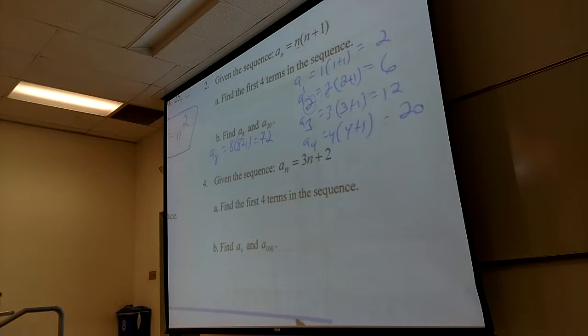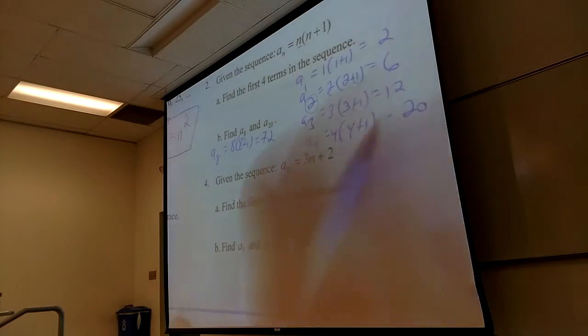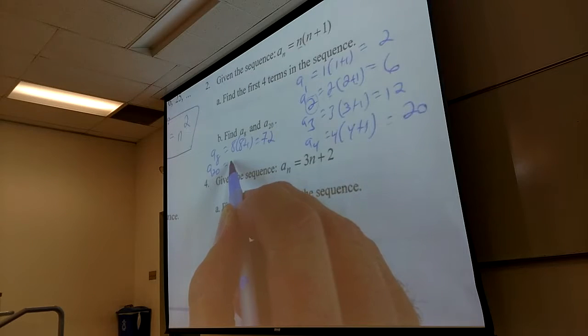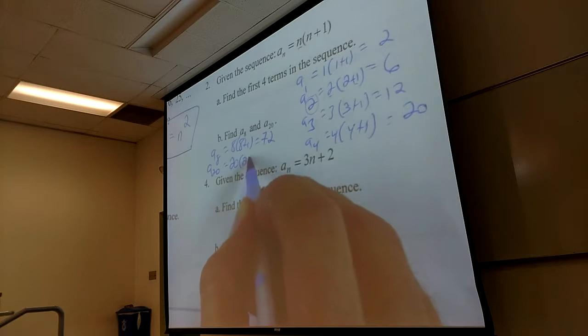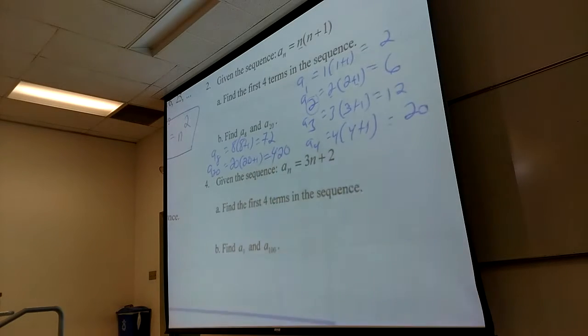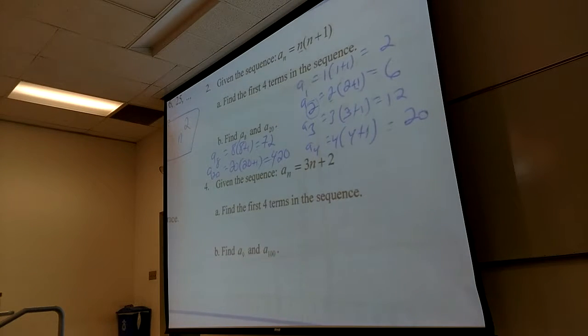That seems like something you would do if you're really bored and wanted to pass some time, but sequences are unbelievably useful, so it's useful to know how to construct them. What about a_20? Yeah, 20 times 20 plus 1, 420. Good.